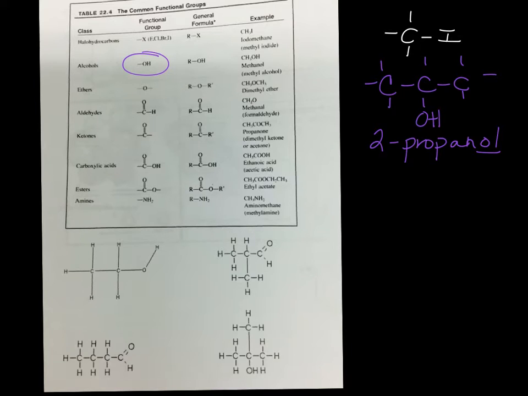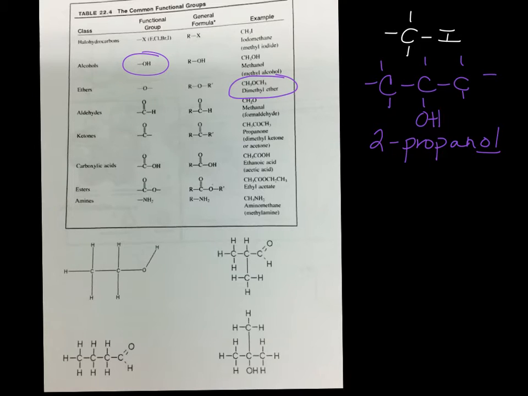Ethers, remember, have an O in the middle of the carbon chain, and then we look to the left and the right, and we name it. So, for example, in the one that they gave us here, if you look to the right of the group, you see a methyl group. If you look to the left of the group, you see a methyl group. So this is simply dimethyl ether.